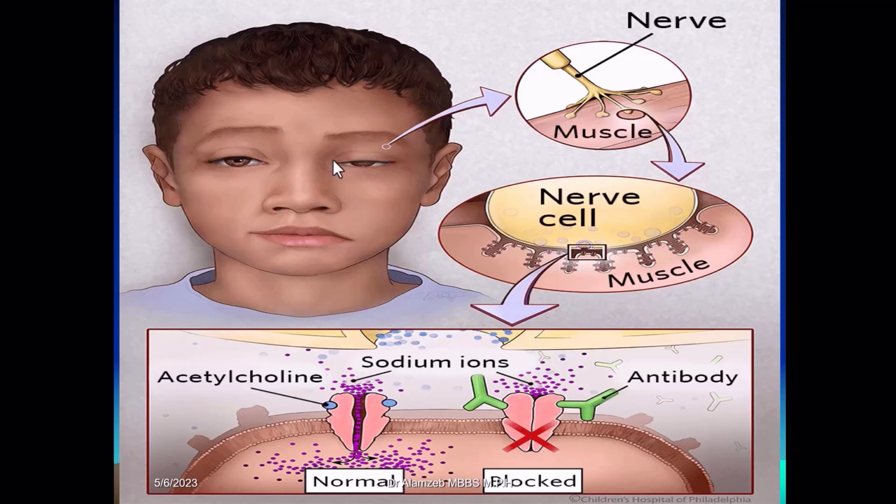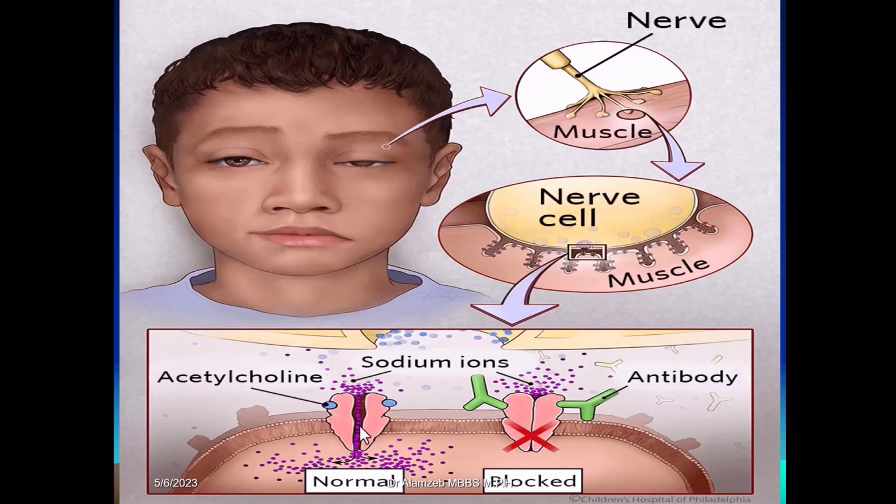In myasthenia gravis, the patient fatigues very easily, and this is due to antibodies produced against the acetylcholine receptors. They are destroyed, so there are fewer receptors on the membrane of the muscle, and the acetylcholine cannot pass to the muscle. That's why it cannot contract.